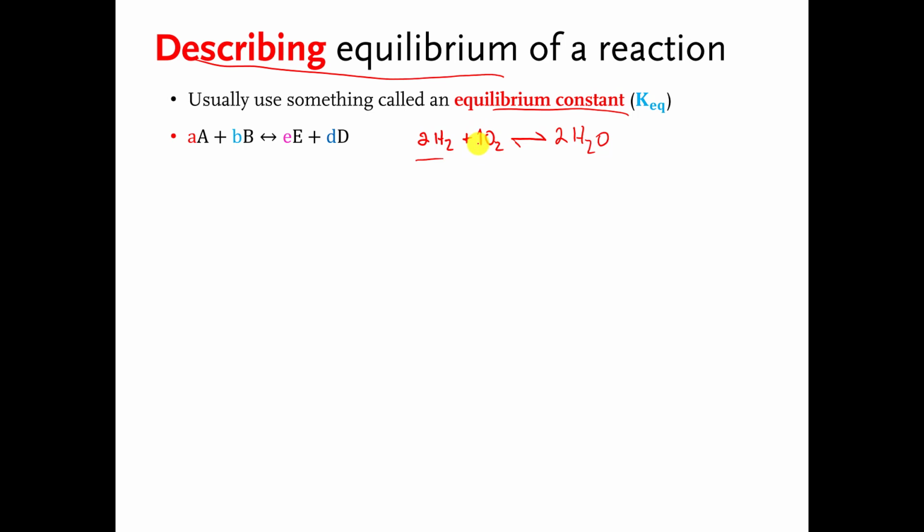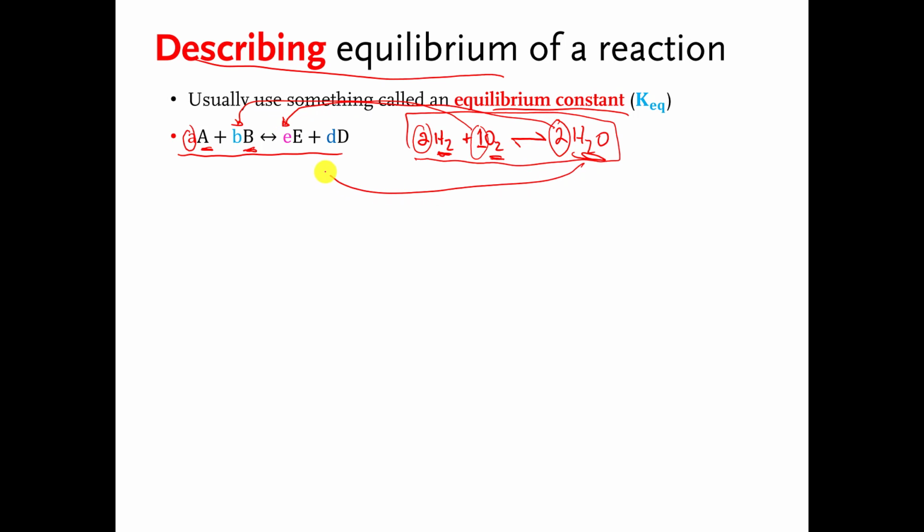Just to give you a more concrete example, here is a balanced chemical reaction. If this were the equivalent of this reaction over here, this 2 is basically the little a. This 1 is the little b, and the H2 here is the A, and the O2 is the B, and this 2 here might be the little e there, and the H2O would be the capital E there.